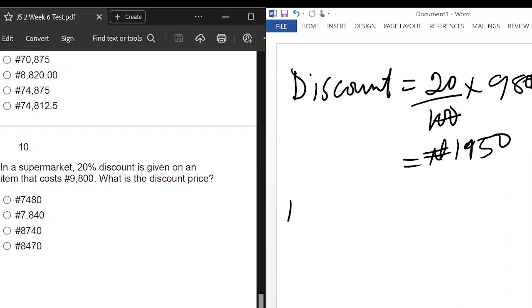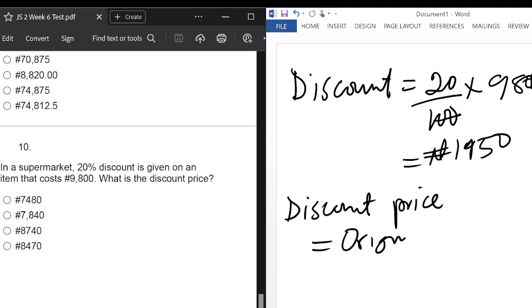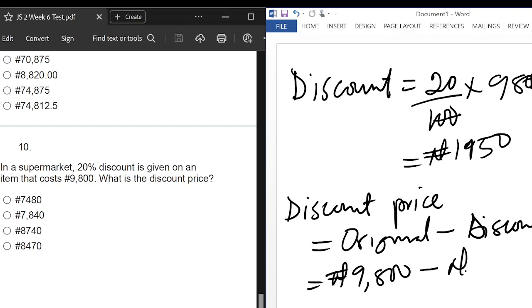So discount price will then be original price minus discount. So original price is 9,800 minus 1,960. So that gives 7,840. That is option B.